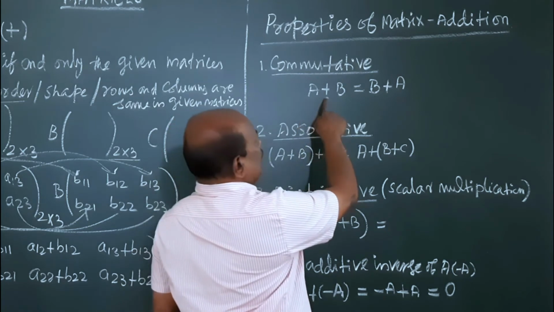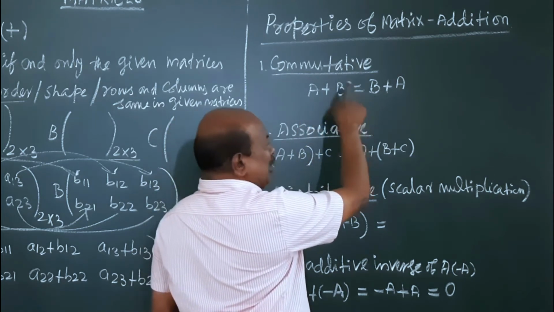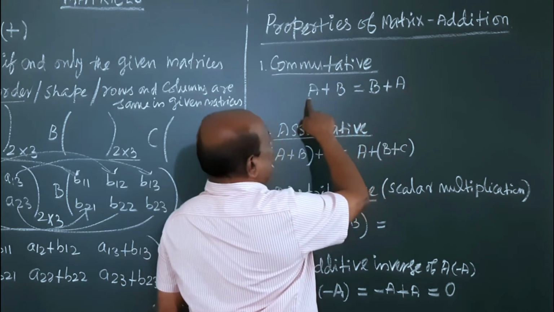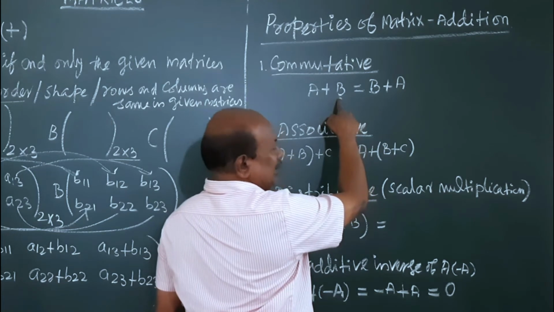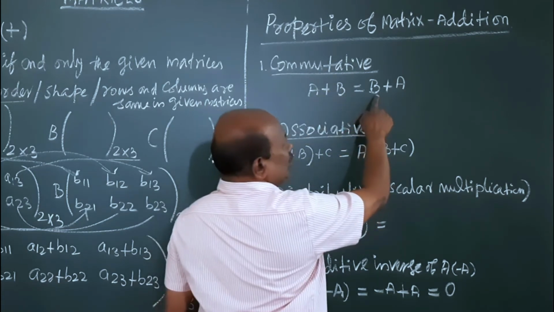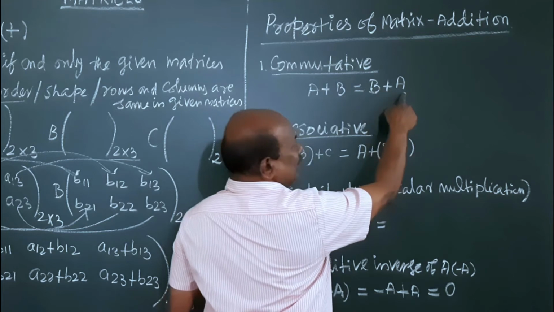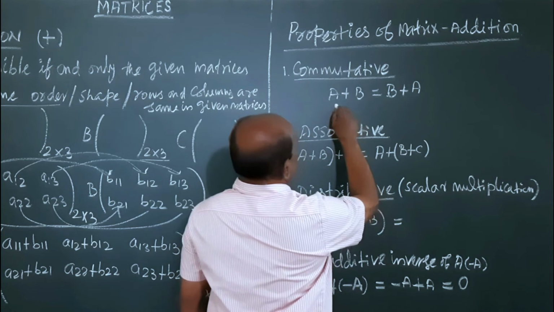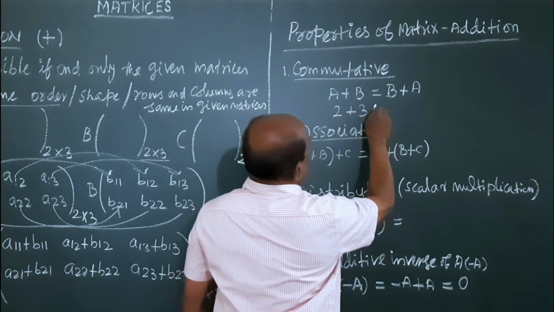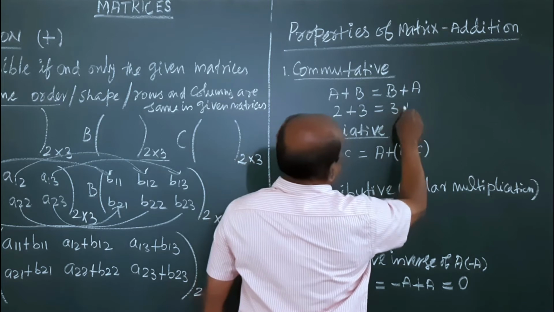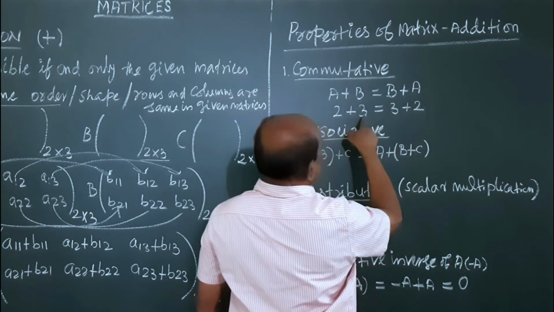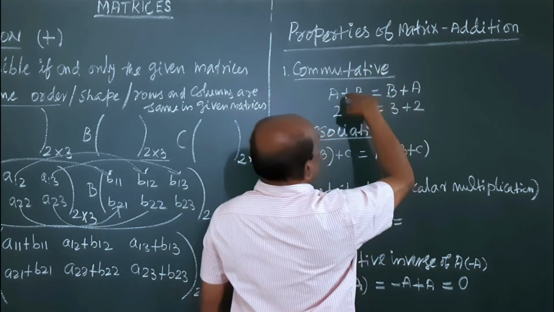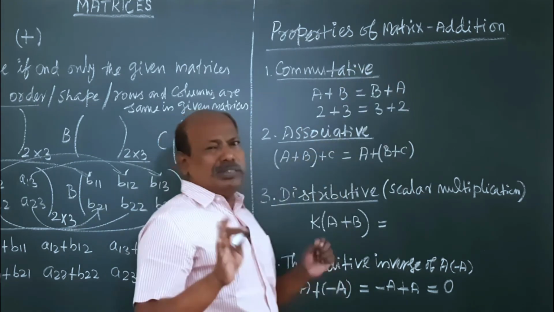Here, A matrix plus B matrix is equal to B matrix plus A matrix. For example, 2 plus 3 equals 3 plus 2. 2 plus 3 equals 5, and 3 plus 2 also equals 5. That is commutative.